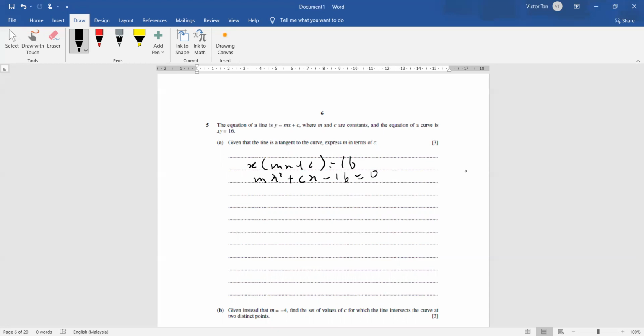So if it's a tangent, b squared minus 4ac equals 0. So c squared minus 4 times m times minus 16 equals 0. c squared plus 64m equals 0.